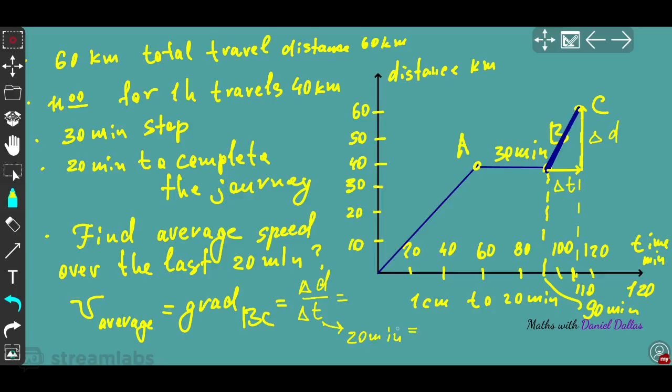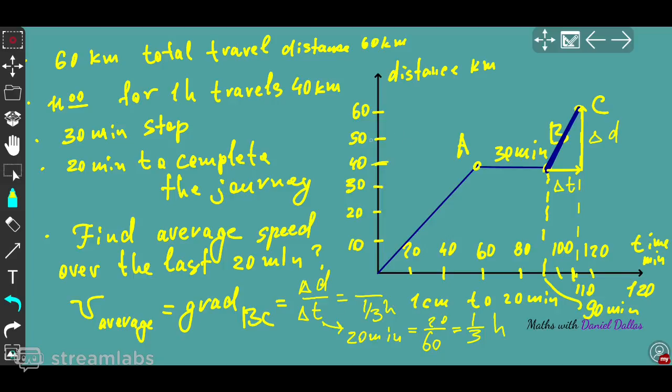So 20 minutes into hours. (20/60), yeah? But this is 1/3, yeah? Now you have hours. So you divide it by 1/3 in hours and change in distance.